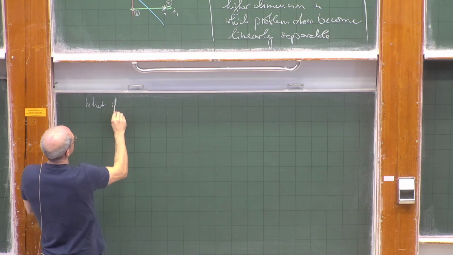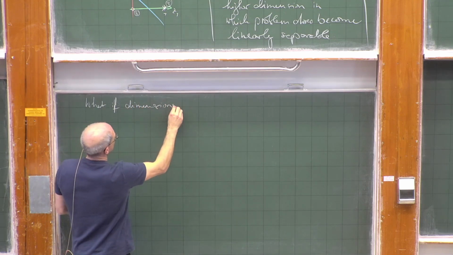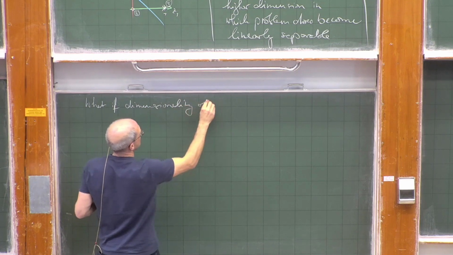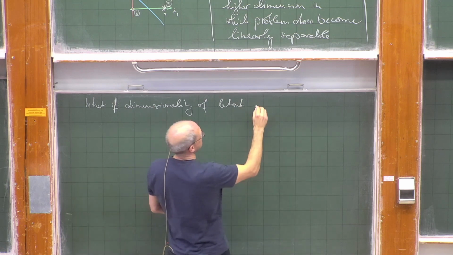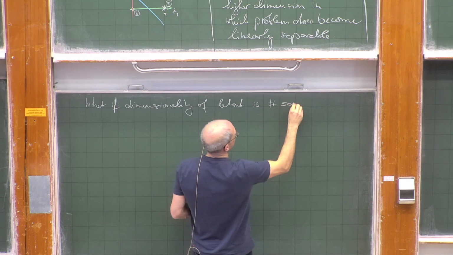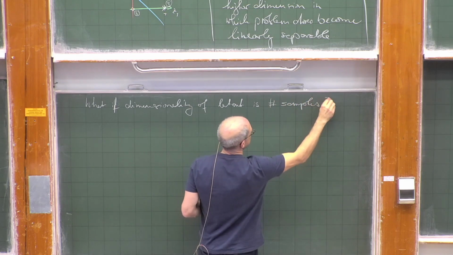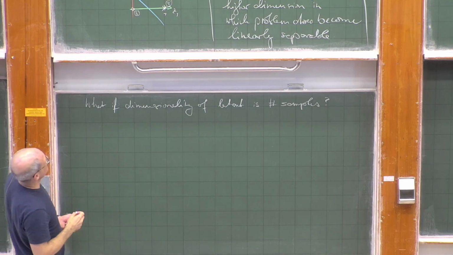What if the dimensionality of the latent space is equal to the number of samples? The number of training samples.